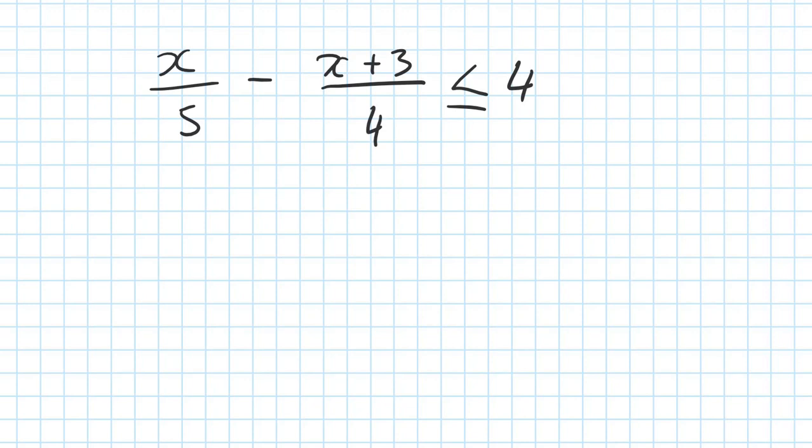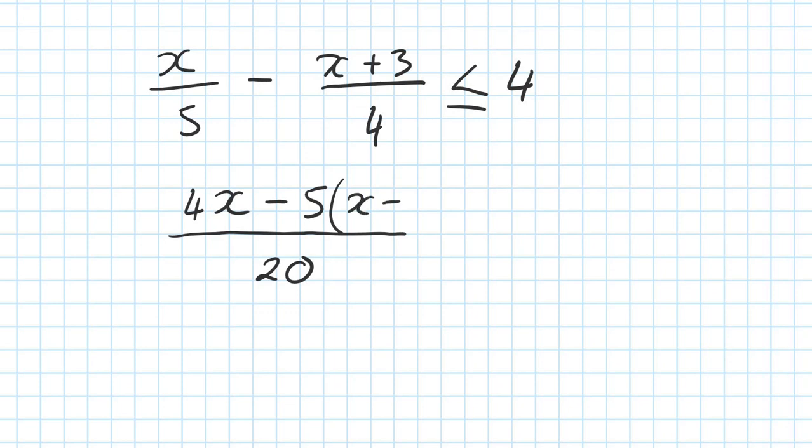The common denominator for these inequations is 20, right? So just write all over 20 first. From 5 to 20 is 4 times, so 4 times x is 4x. 4 to 20 is 5 times, so I go minus 5. Because it's more than one term, I close bracket, so x open close bracket, so plus 3, is less than or equal to 4.